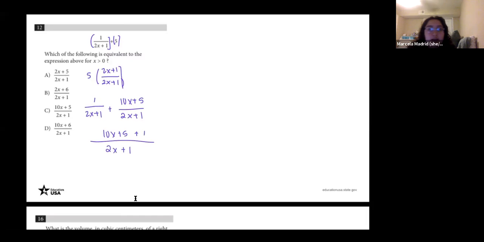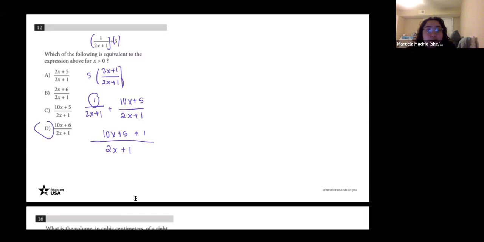Keeping in mind that you don't want to forget about this 1, you're adding it together, not multiplying it. So you're going to get 10x plus 6 over 2x plus 1, which is D.